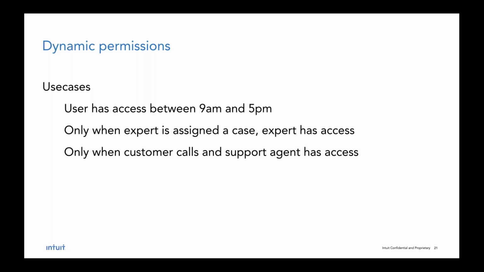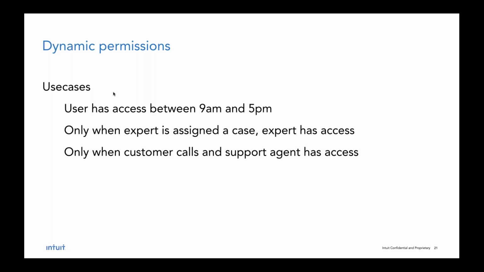So let's come to a point where RBAC becomes slightly deficient. Let's say I want to give permission to some user between 9 a.m. and 5 p.m. One way to think about it in the RBAC model is to assign a role at that time and then unassign it. That's one way to do it.